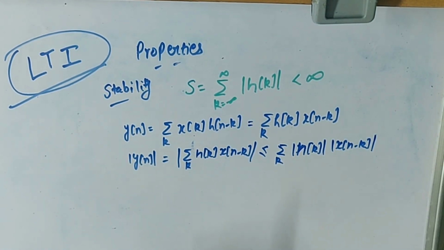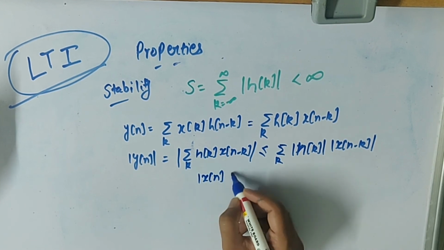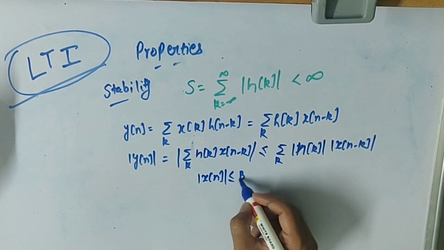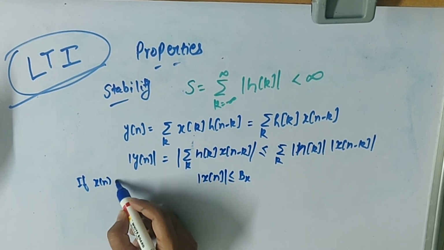For stability we are again talking in terms of BIBO stability, or bounded input, bounded output. If we assume that x[n] is bounded, then mod of x[n] is less than or equal to Bx.